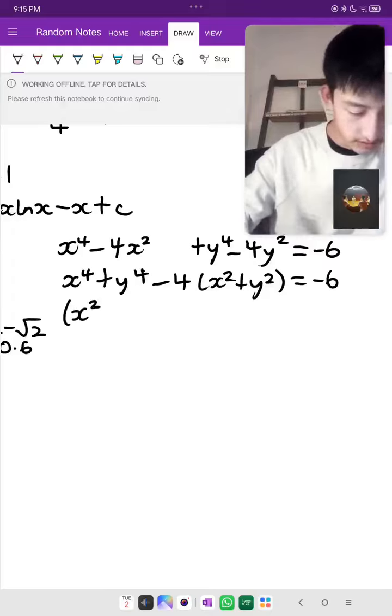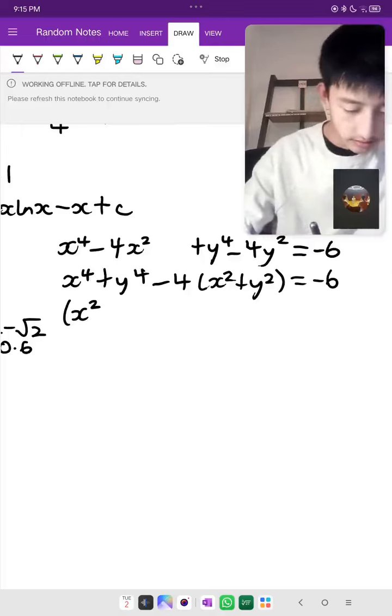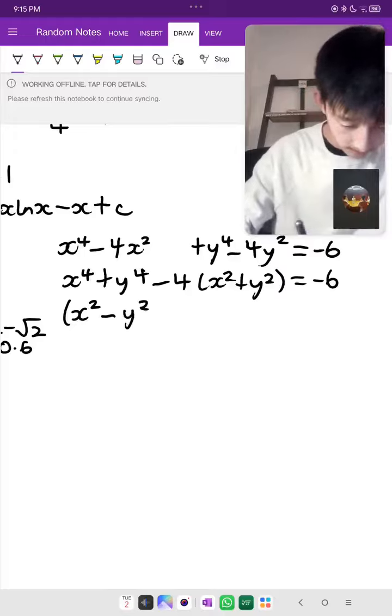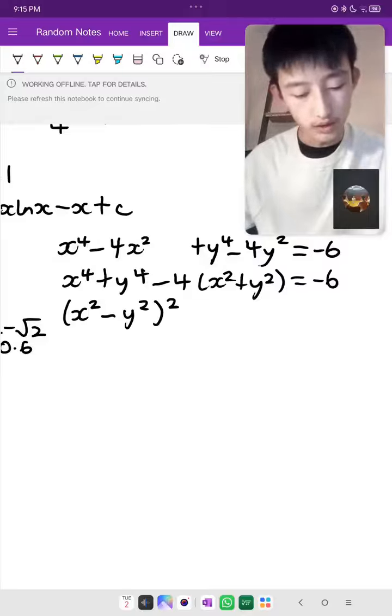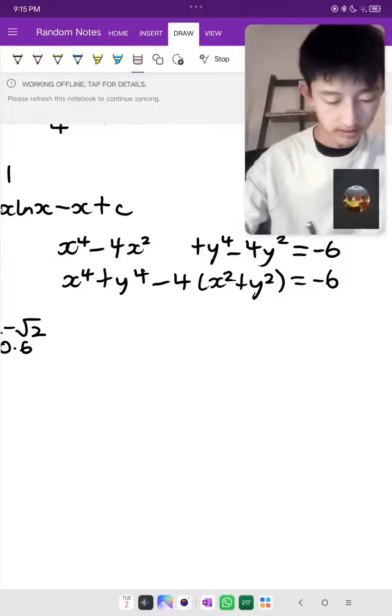This is okay. This looks somewhat factorizable. If I were to consider something like x squared minus y squared, all squared, then this would be x to the 4 plus y to the 4 minus 2. Oh wait, that's still x squared y squared then, not x squared plus y squared.